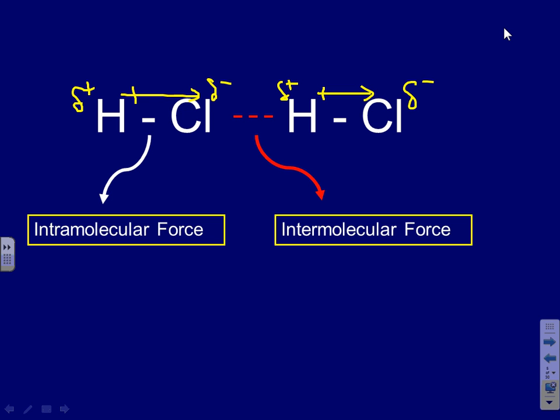Up to this point, it's really been kind of a review of what we did in grade 11. Now this is where it's going to take a little turn. Last year we just very quickly talked about the different types of intermolecular forces. We talked about ion-ion interaction, dipole-dipole interaction, and hydrogen bonding. And then that was it.